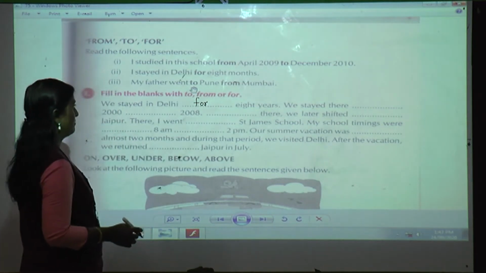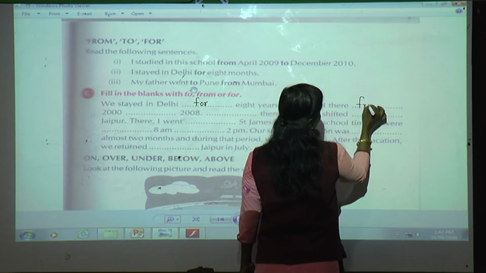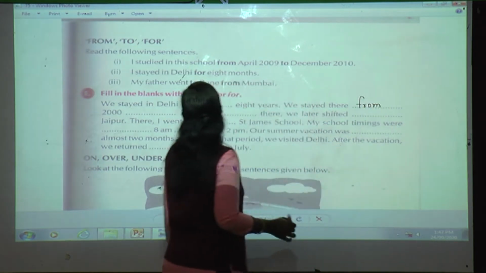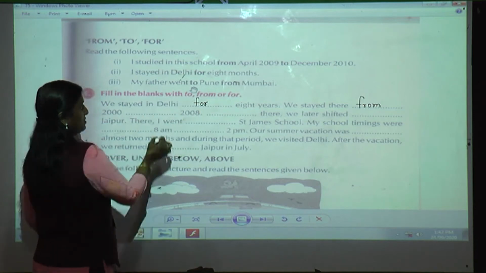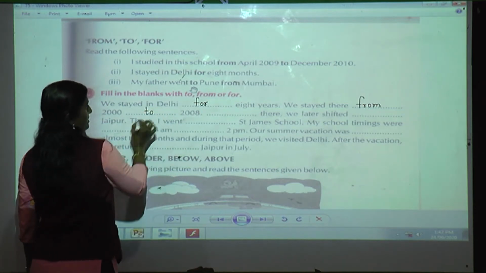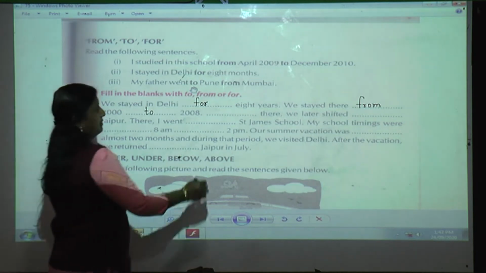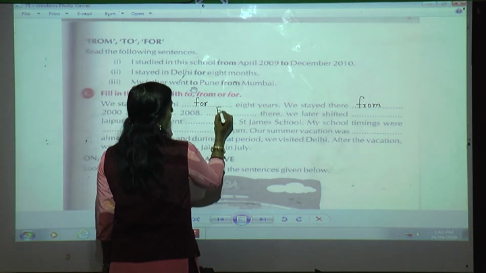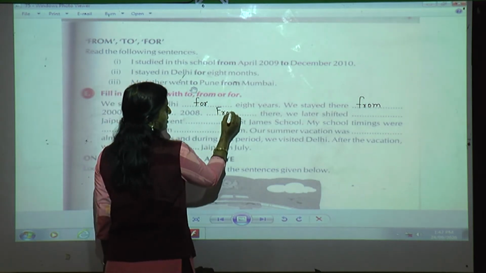We stayed there. Here two years are given, from 2000 to 2008. So which preposition will come here? Yes, to. Now here we can see a full stop is there, so now I am going to use from.